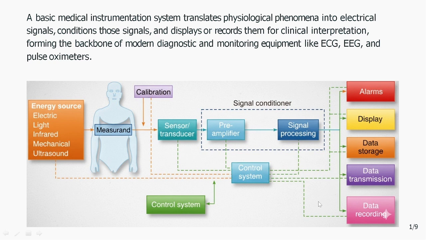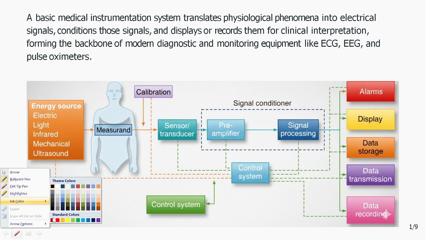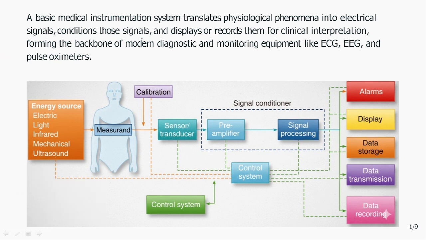A basic medical instrumentation system can translate physiological phenomena into electrical signals that may be in form of electrical current or voltage, and once these signals have been captured, those signals can be displayed or recorded for clinical interpretation, forming backbone of modern diagnostic and monitoring equipment like ECG, EHD, then pulse oximeter.